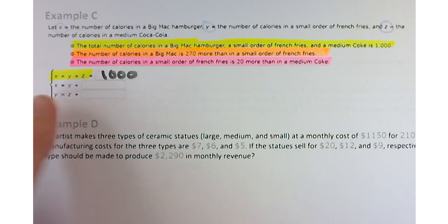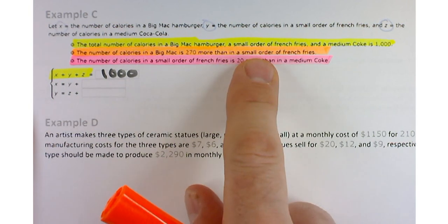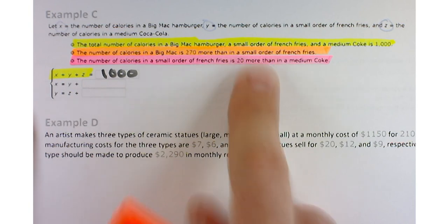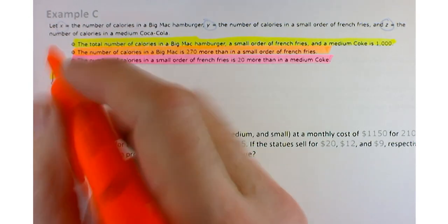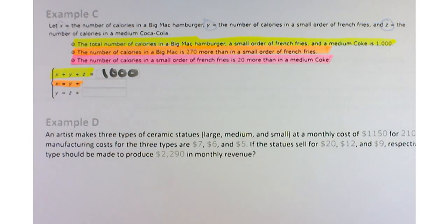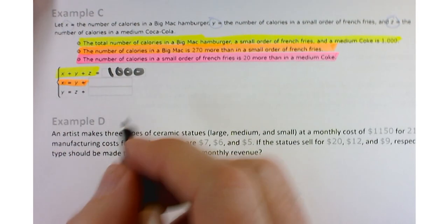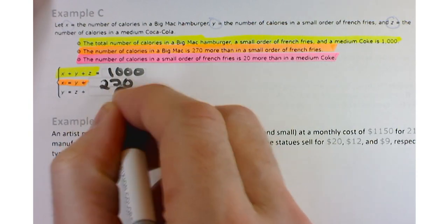So what we're saying here is X is 270 more than the number of calories in a small order of fries. So to turn that into an equation, that's going to be X equals 270 more than Y. So 270 here.